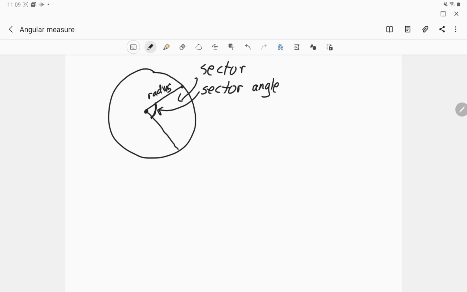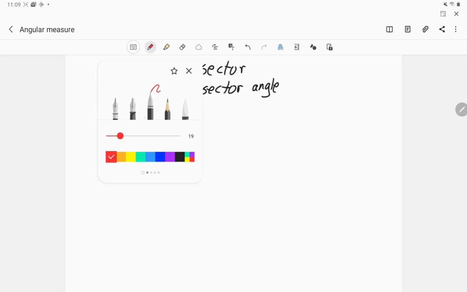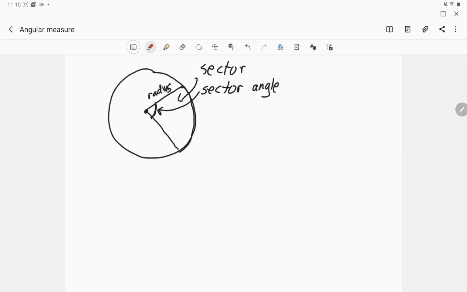Now, the distance along the edge of the circle, that curved edge right here, let me see if I can do that in a different color. Okay, so this curved edge right here, from one edge of the sector to the other, that is called your arc length. Arc because it's curved, and length because that's the length.